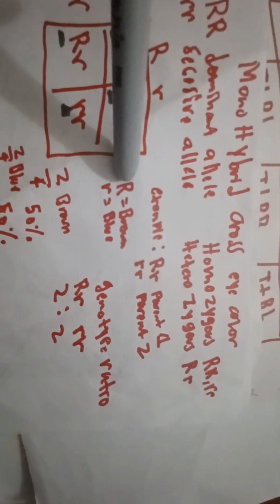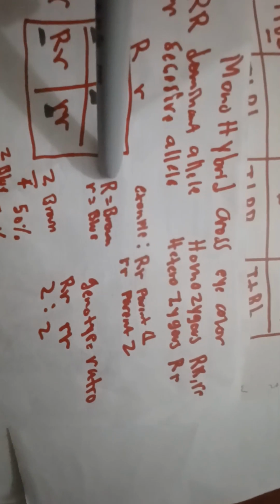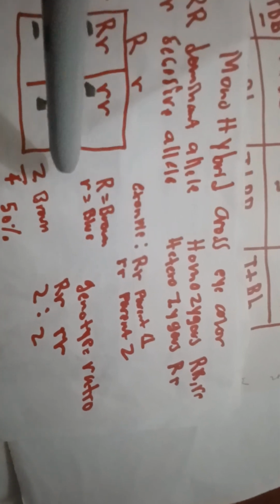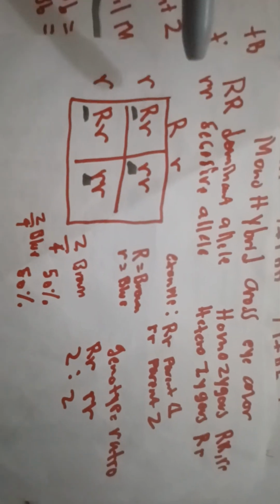So big R, capital R, allele means brown, and lowercase r means blue. So you gotta distribute both alleles into one square each. The dominant allele comes first before the recessive, so capital R, lowercase r.